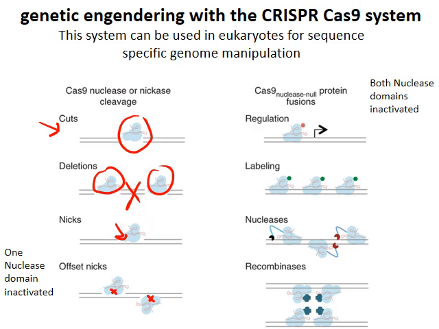For example, some groups have tried to fuse a transcription factor to Cas9, and then you could use this system to target particular promoters for activation by using the fused transcription factor activation domain to bring in a polymerase, for example. Some groups have also tried to fuse the Cas9 to something like GFP, so that you can see a particular region of the DNA.